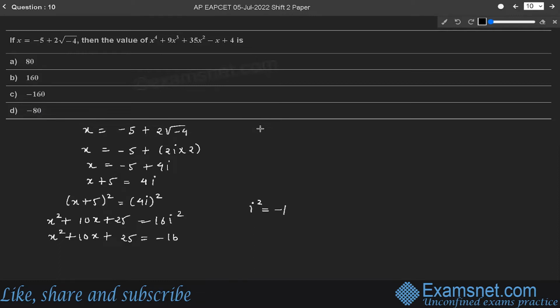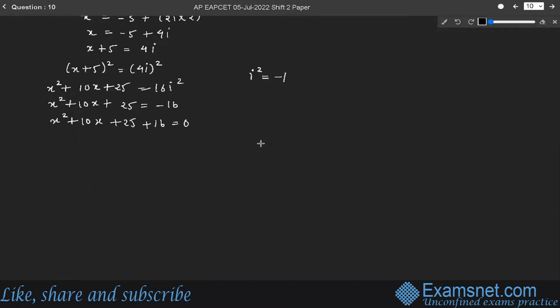Taking all the terms on one side, it will be x square plus 10x plus 25 plus 16 is equal to 0. So the equation becomes x square plus 10x plus 41 is equal to 0.